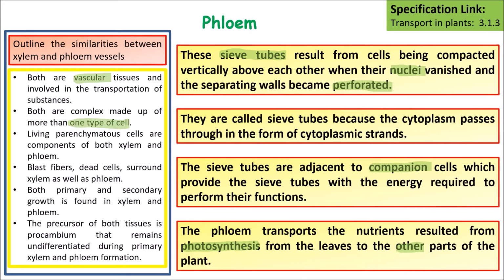The living parts of the cells in the xylem have both disappeared. Bast fibres, dead cells, surround the xylem as well as the phloem. Both primary and secondary growth are found in xylem and phloem, and the precursor to both tissues is procambium that remains undifferentiated during primary xylem and phloem formation.